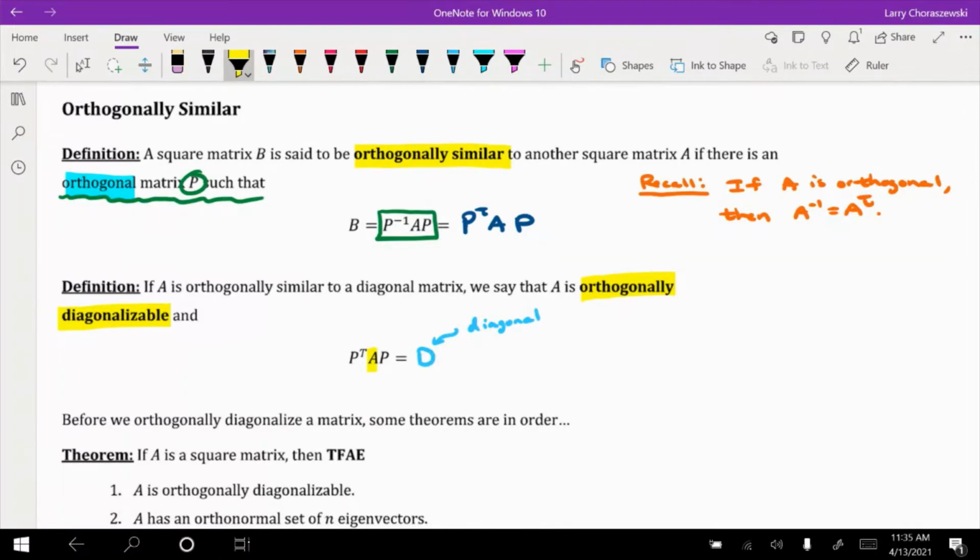So in this case, P transpose AP, which is the same as P inverse AP, should give us a diagonal matrix. And much like back in chapter 5, the entries along the diagonal matrix will be the eigenvalues.